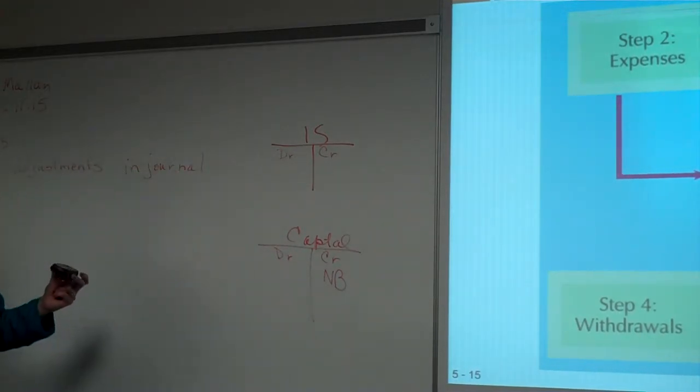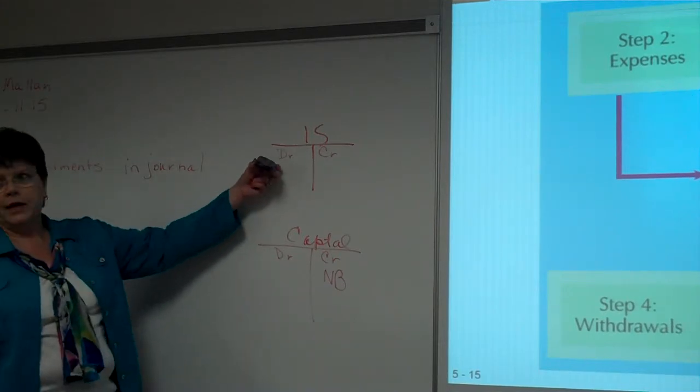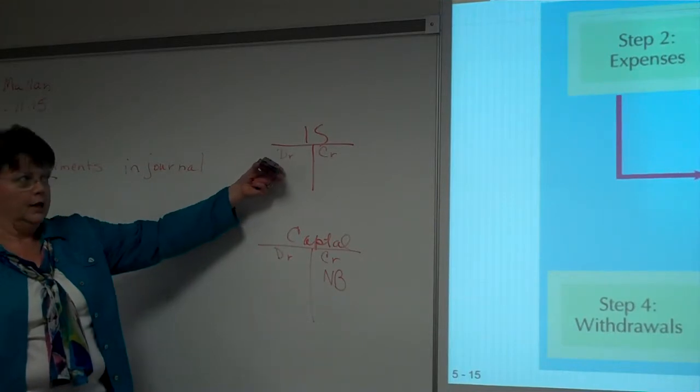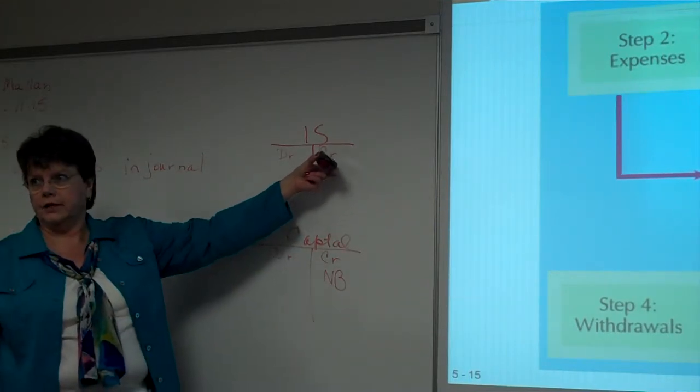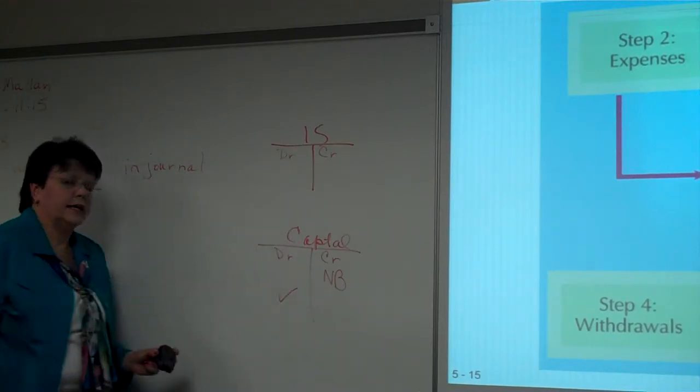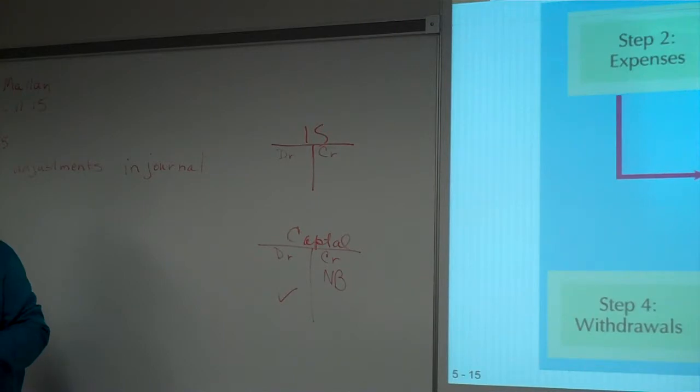If we're closing it the opposite way, remember income summary does not have a normal balance. So let's say income summary had a debit balance after we posted the revenue and the expenses into it. We have to close it with a credit and a debit to the capital account. Is that a net income or a net loss? A net loss.